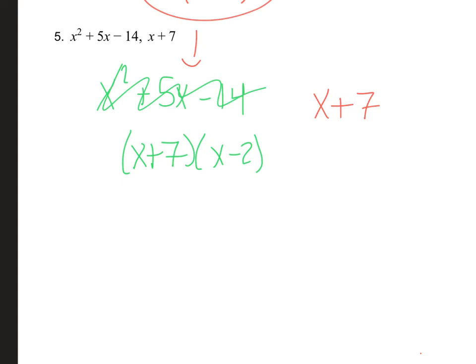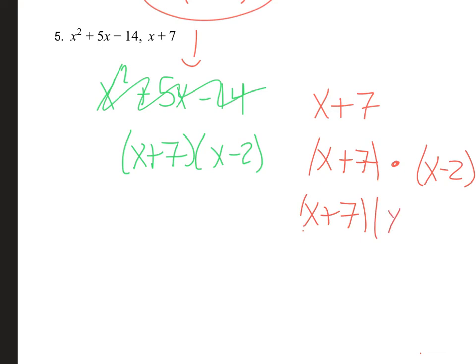So just to make sure, let's do that. So let's say, okay, x plus 7, and I'm going to multiply it by x minus 2. Well, if I rewrote that without the multiplication sign and just brought them together, it would look exactly like this.